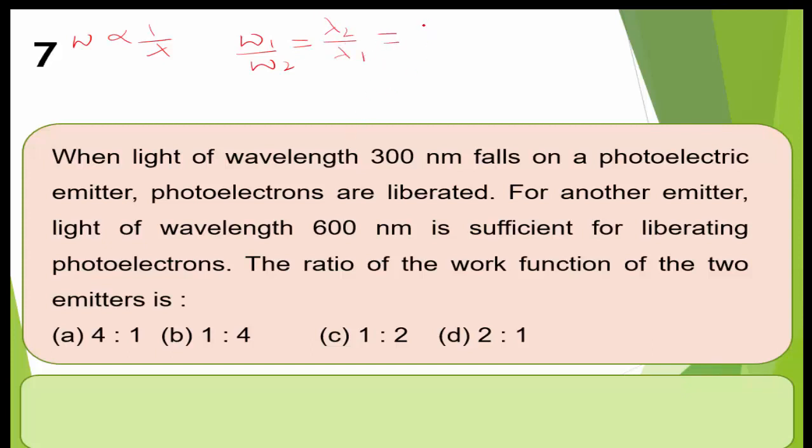Here lambda 2 is 600 nanometer, lambda 1 is 300 nanometer. 6 divided by 3 is 2 divided by 1. The ratio of work function of the two emitters is 2 is to 1.